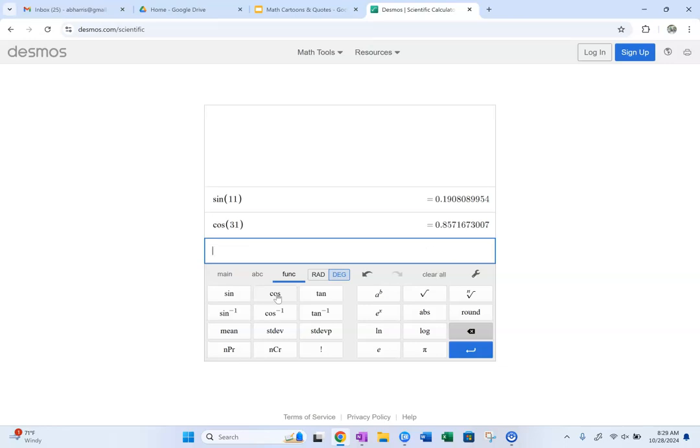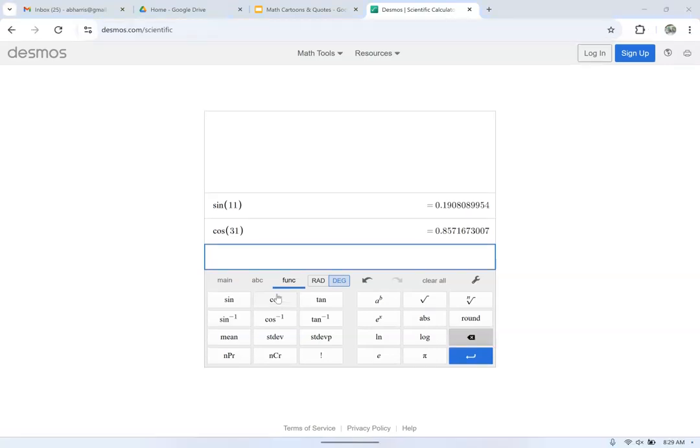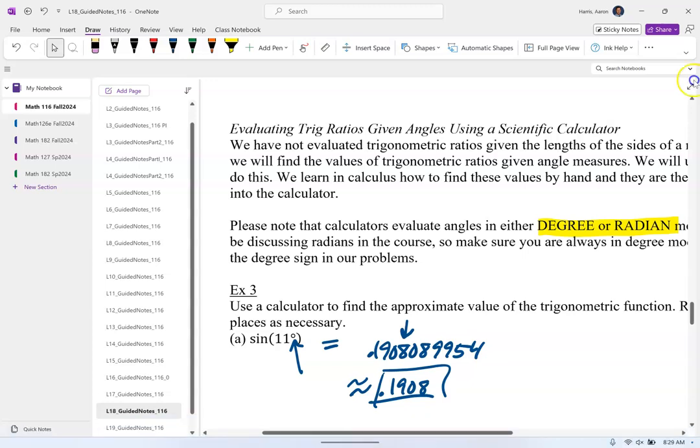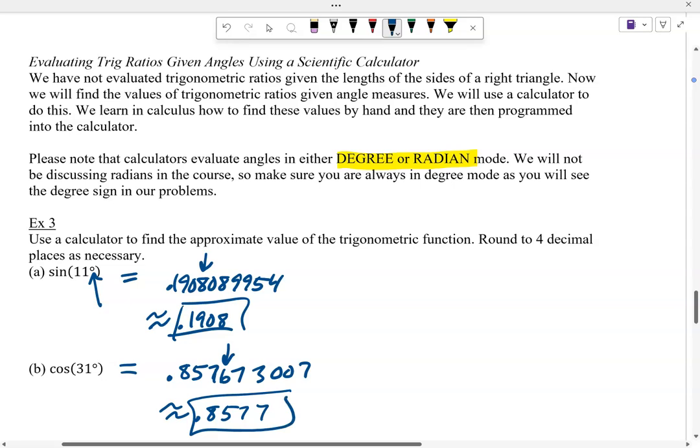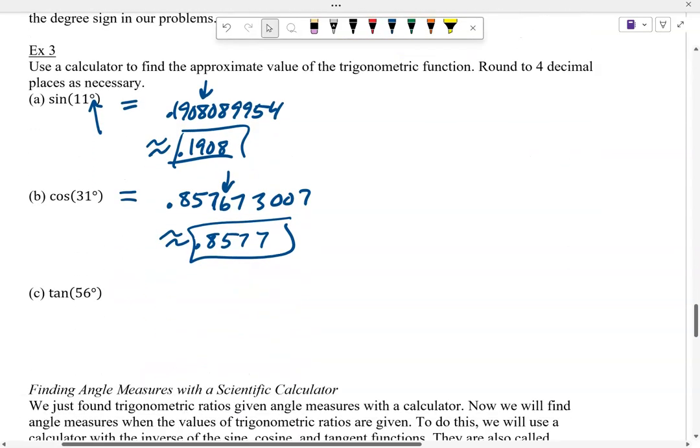You get 0.857167307. We'll also round this to 4 decimal places. So we got 0.8572.